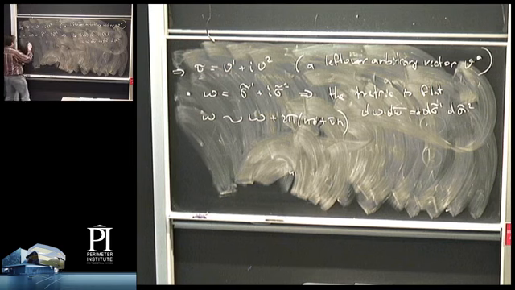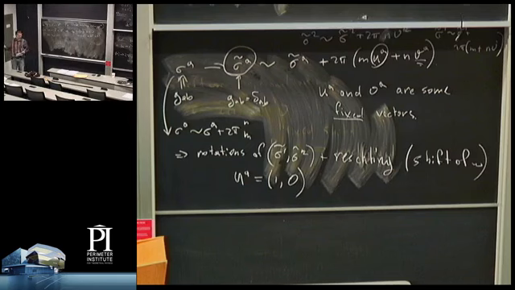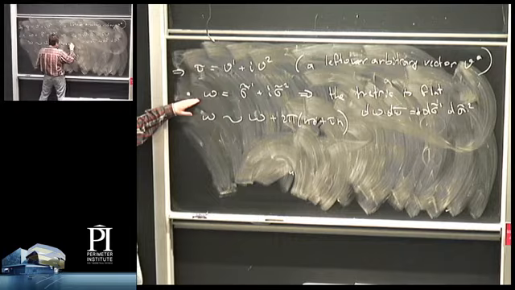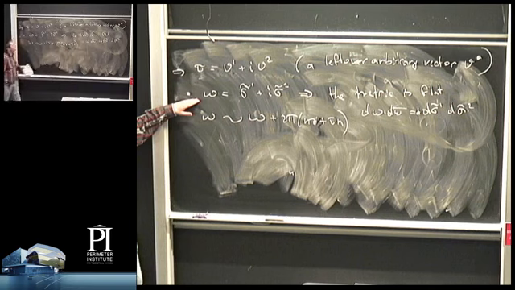But if I am staying up here, then I would have to identify my complex coordinate omega, not with 2 pi m plus i 2 pi n, but I would have to identify as 2 pi m plus tau n. Okay, so that's the identification that we have to do.